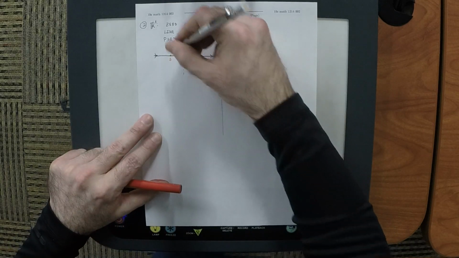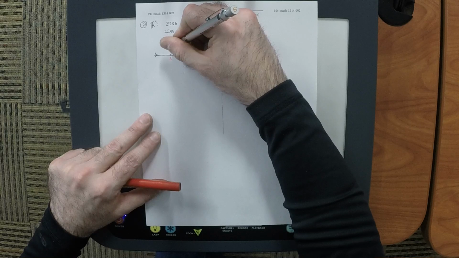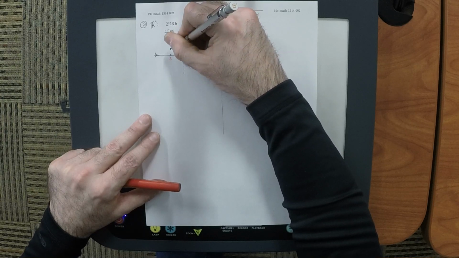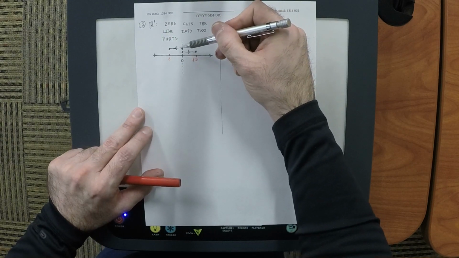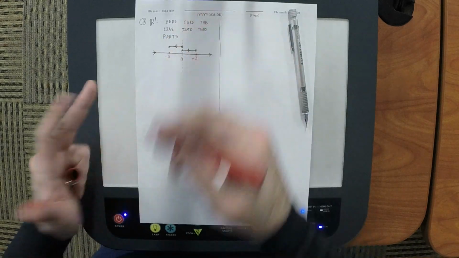And then for this one, if we start at 0 and go over to that 3, now the barb is pointing that way. Is that in agreement or disagreement with the world? Disagreement, which means that this is negative 3.